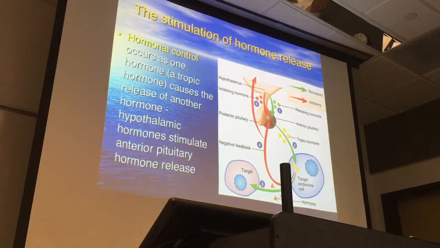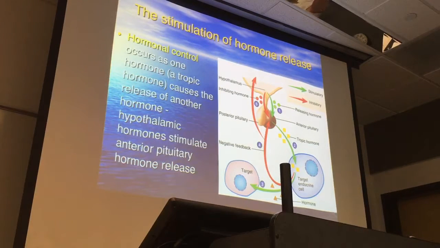This is how the anterior pituitary is involved. It's an intermediate between the hypothalamus and the target endocrine cell. There's at least 4 or 5 of these that we'll see. Is it almost like co-stimulation in a way?